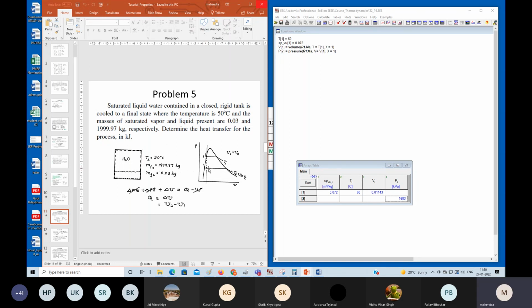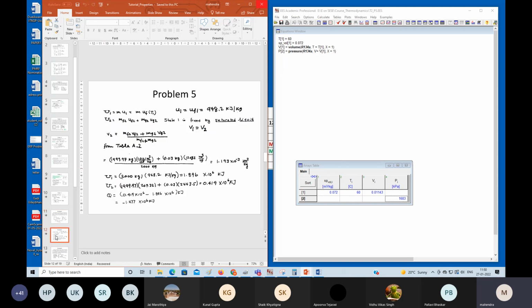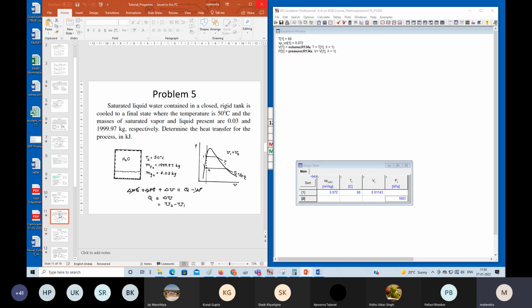Very simple problem that we have seen. And we also have to calculate Q here. To calculate your Q, you need to have an idea about your internal energies also, right? So let us see. Okay, this is problem number 5. Then what is given over here?